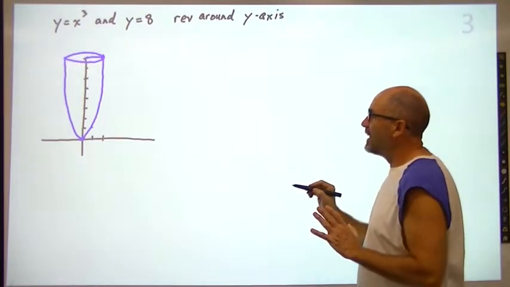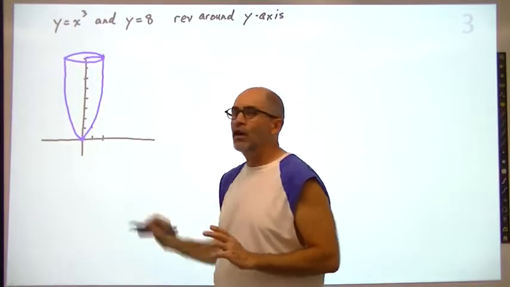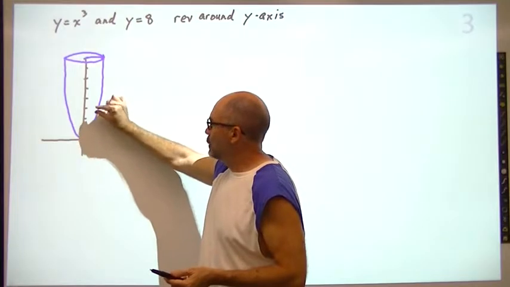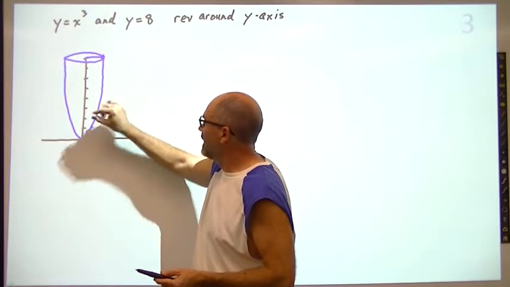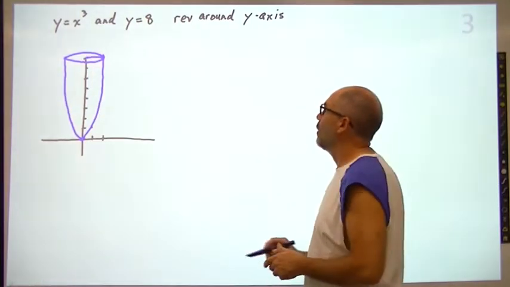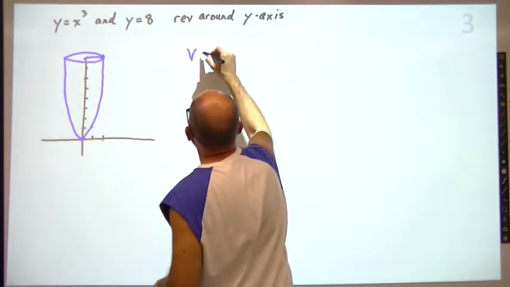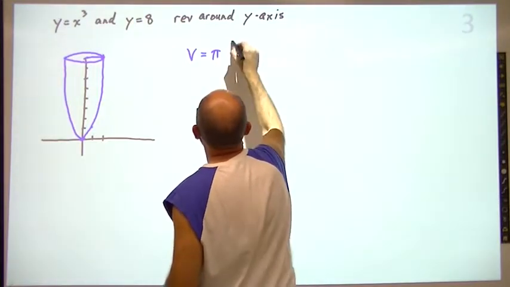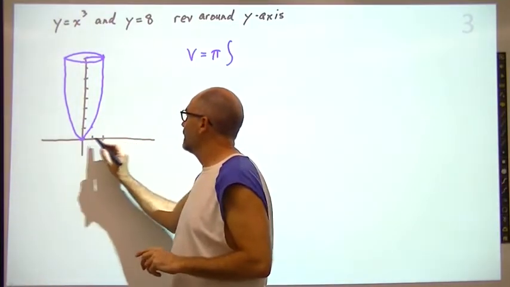So the volume, once again, is still pi r squared h, but notice the r is now horizontal, and the h is vertical. So each thickness is going up the y-axis. So what we have here is volume is going to equal pi times the integral from, now notice, we're not going from 0 to 2.